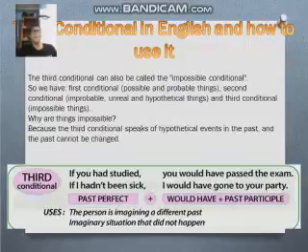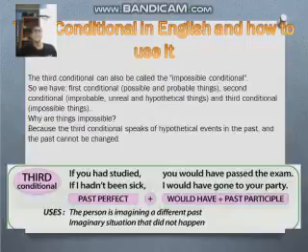Conditionals with if, when and as soon as. The subject of conditionals is usually taught in a very simplified and reduced way to make everything a little easier, but in reality there are more conditionals and we have more options on how to express them.